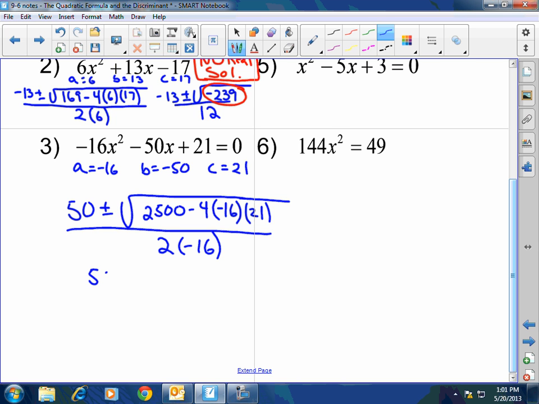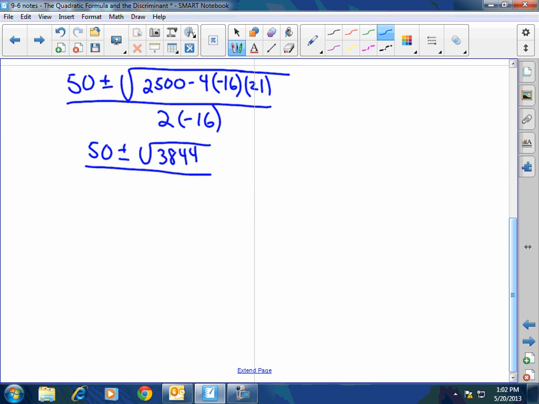This is going to be 50 plus or minus, you got 4 times 16, which is 64, times 21, which is 1344. And a negative to the negative is a positive. So 1344 plus 2,500 equals 3,844 over negative 32. Does that make sense to everybody?